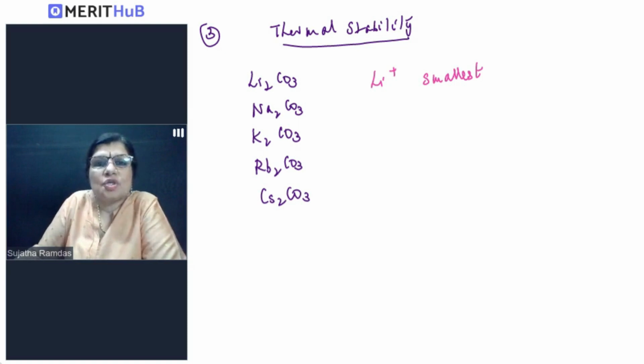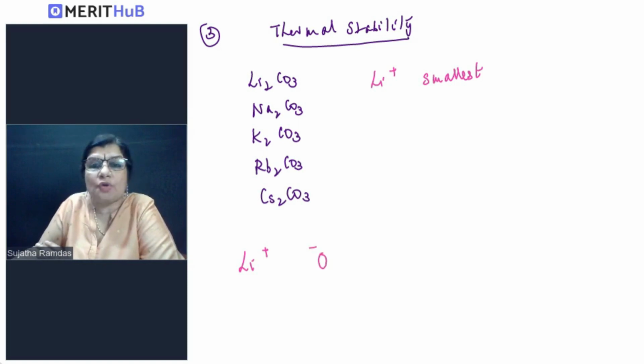Why? Let's represent the lithium ion and the large carbonate anion: O minus, C double bond O, and O minus. Let me draw it with respect to the trigonal planar shape.